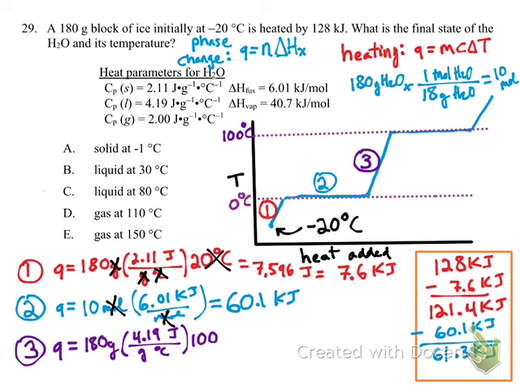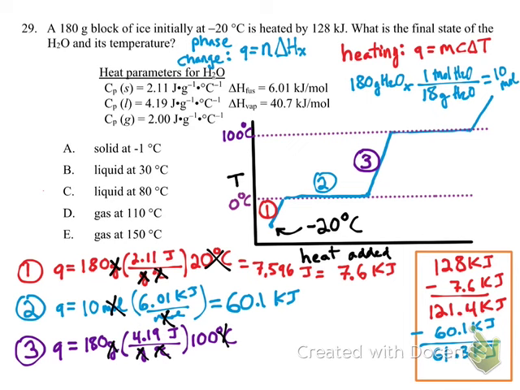And we make sure that our units cancel out, so grams cancels out, degrees Celsius cancels out, and we're left with 75,420 joules. That's how much it would take. Which, if we divide this by 1,000, we end up getting 75.4 kilojoules.